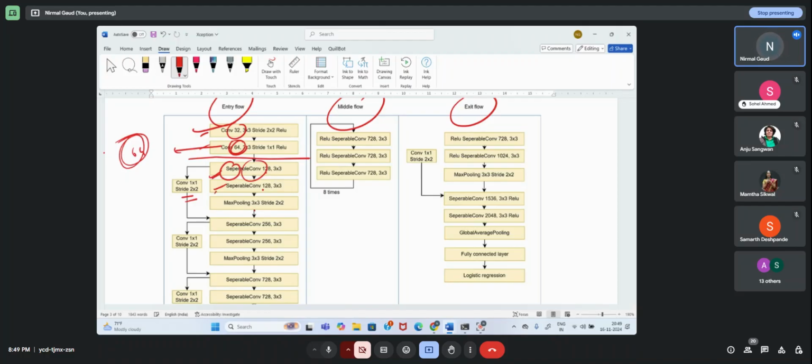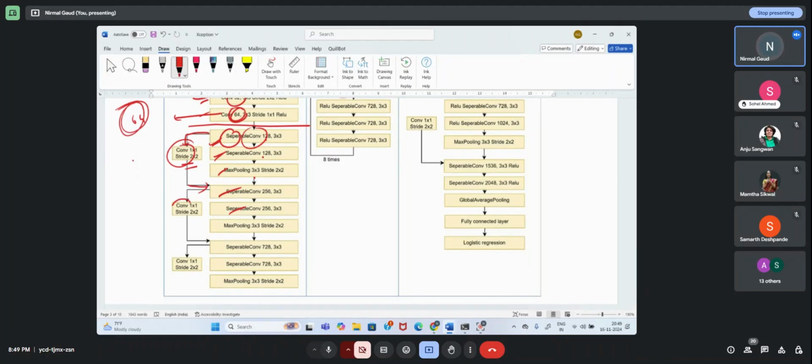So separable convolution, then pooling, and you are also attaching one convolution here that you apply at this end. So separate and then apply this 1 cross 1 also. Again separable, then pooling, then attach convolution here. Then separable, then pooling, then attach convolution here.